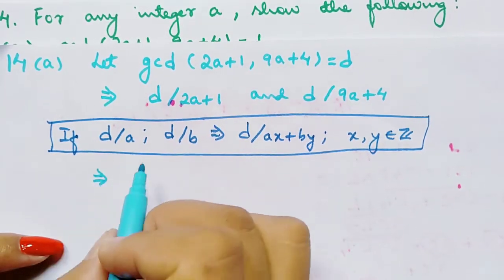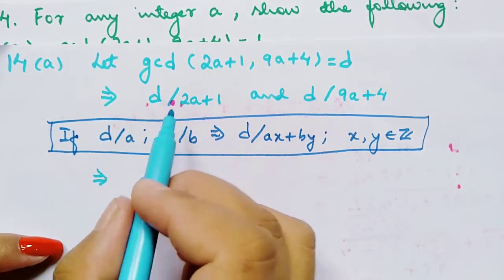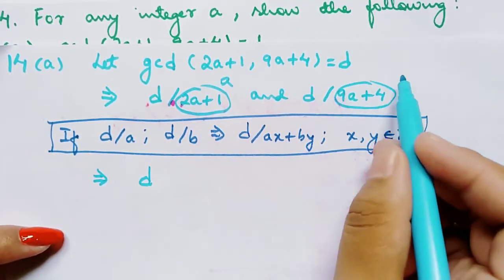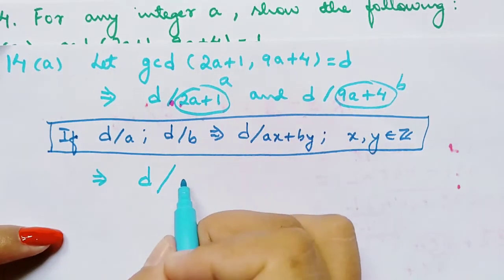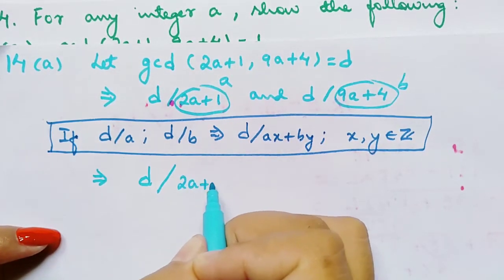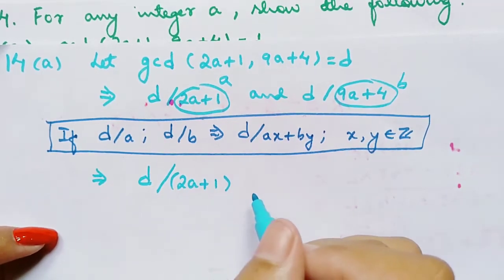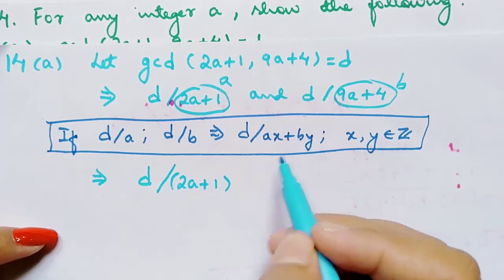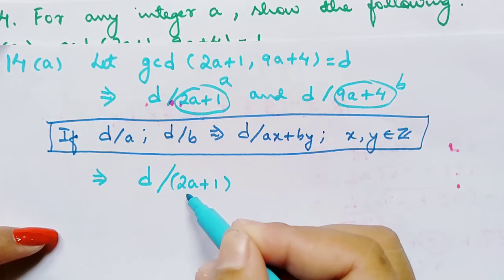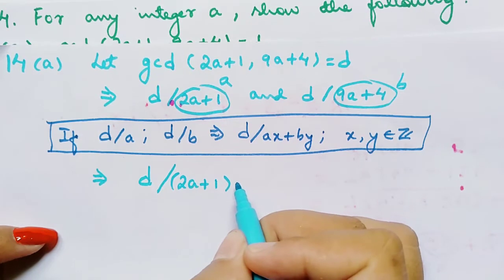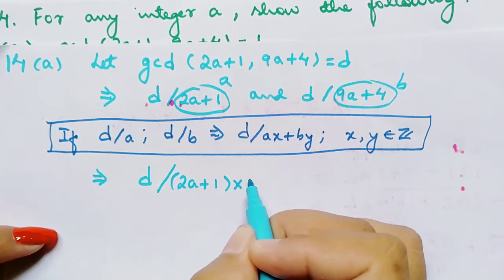It implies that D divides, you assume this one as A, this one as B. So we have A. Now find the value of X here and find the value of Y such that you won't have the term containing a. So here we have to multiply by 9.